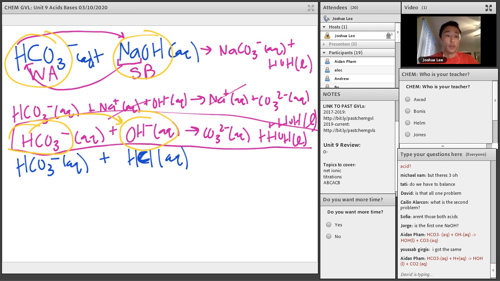So the next one is, hey, we know HCl is a strong acid, and that's a weak base. So if we do the shortcut method here, we could just bring down the HCO3 minus. We know the strong acid will turn into H plus.